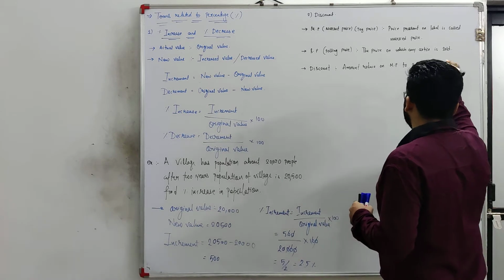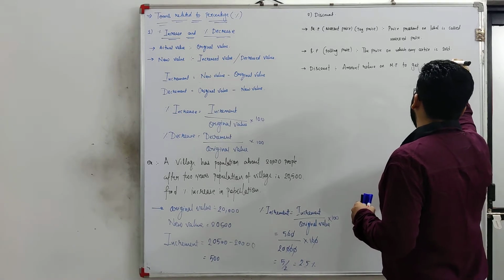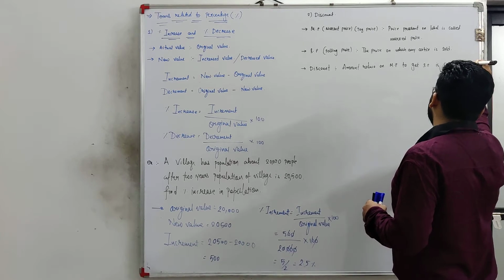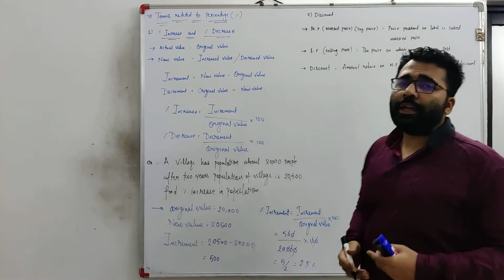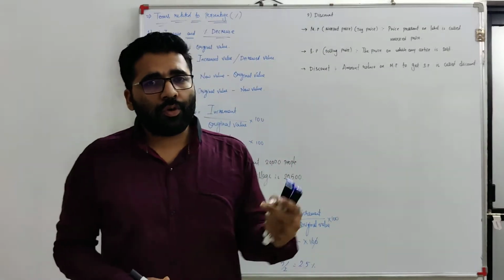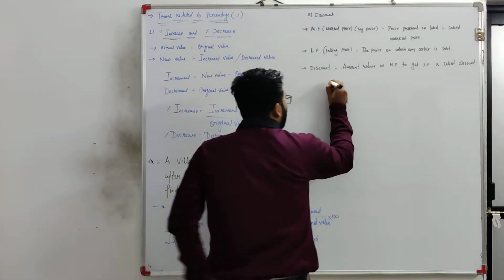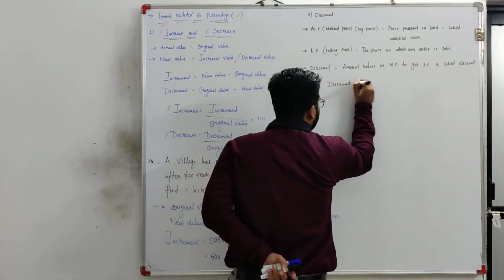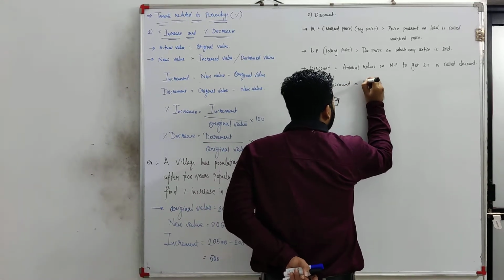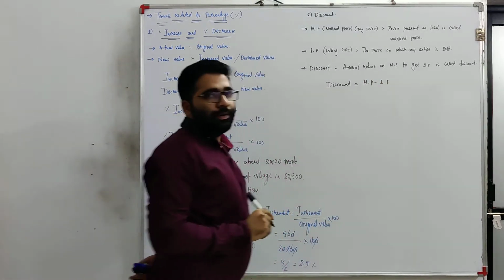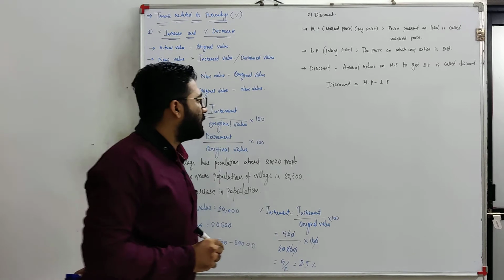In general, people give the discount in the form of a percentage. So first we have to find the formula of the discount. Discount is equal to mark price minus selling price.